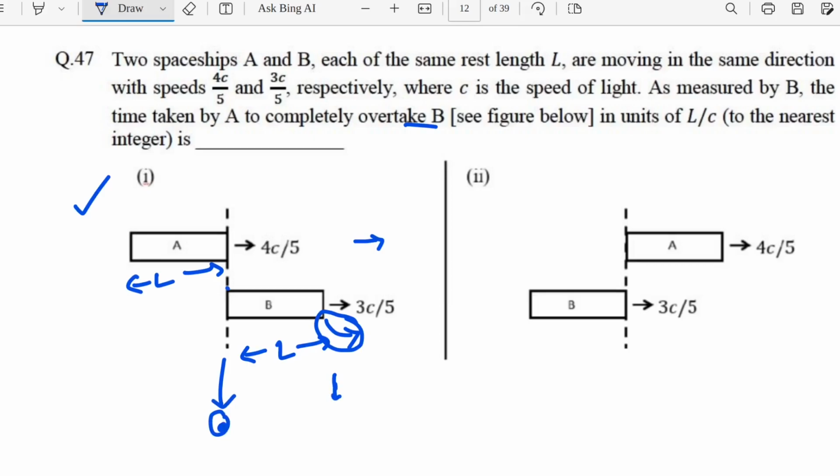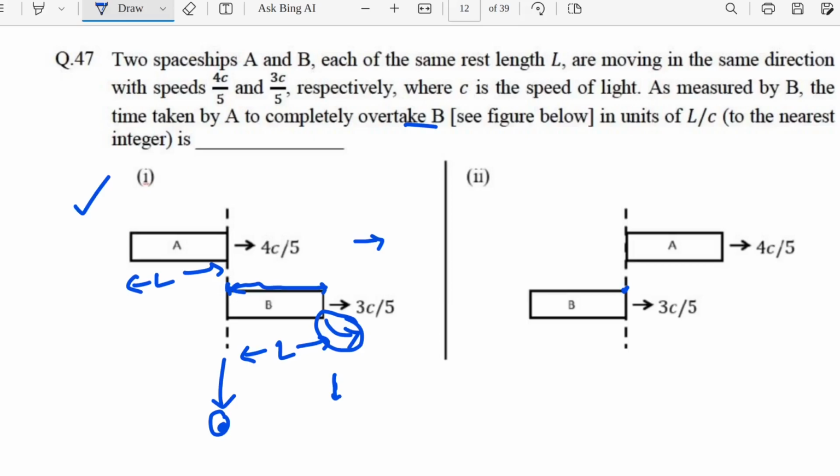At the very first point and at the last point. So to overtake this whole L, how much time will spaceship A take, which we are going to measure according to spaceship B. That is the thing.